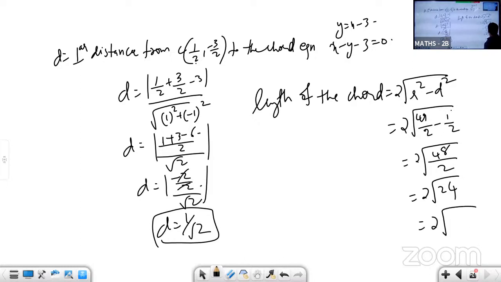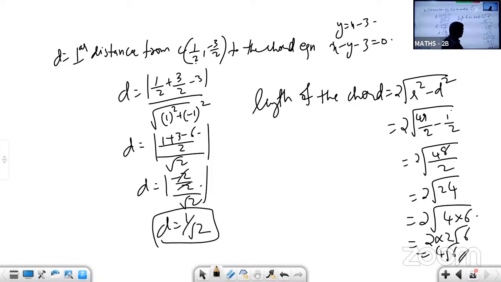Still, what can I write? 6 fours are 24, so bring this 4 outside: 2 outside. 2 into 2 root 6, that is 4 root 6. So the length of the chord, totally you are having 3 to 4 sums, so this is how you are going to get it.